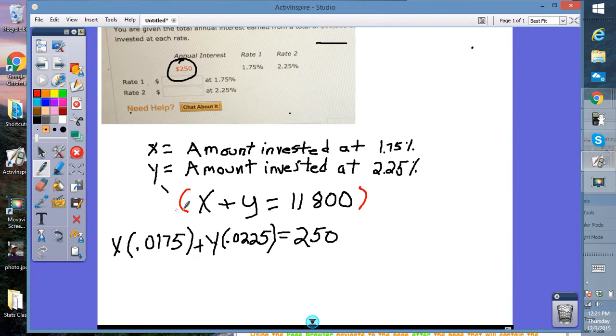You could use negative 0.0175, making sure you multiply it by everything. Then add the two equations together, and your x's will cancel, and you can solve for x and y. Your answer should be two amounts that add up to $11,800.